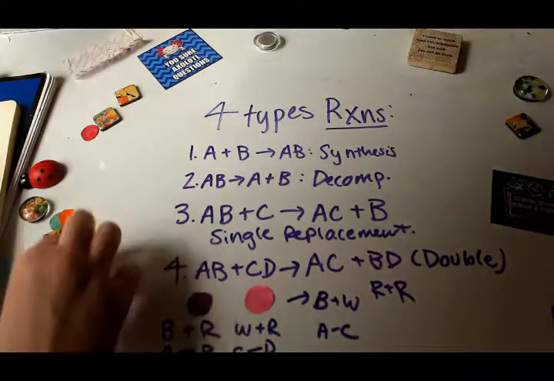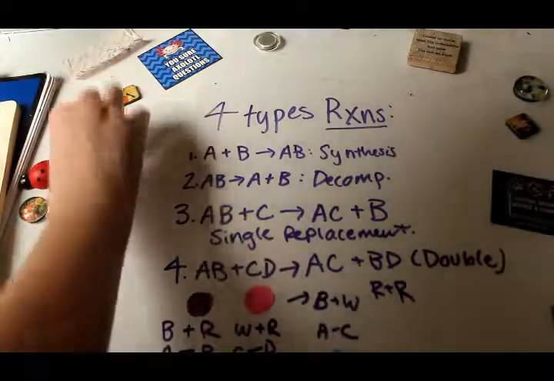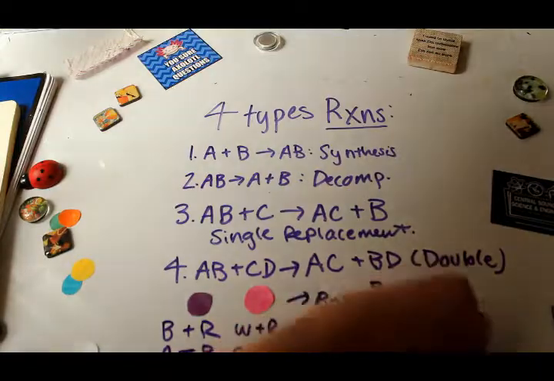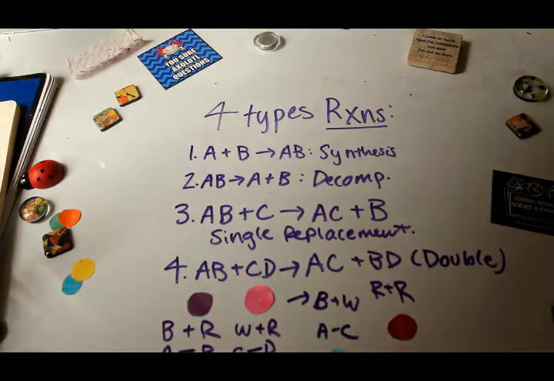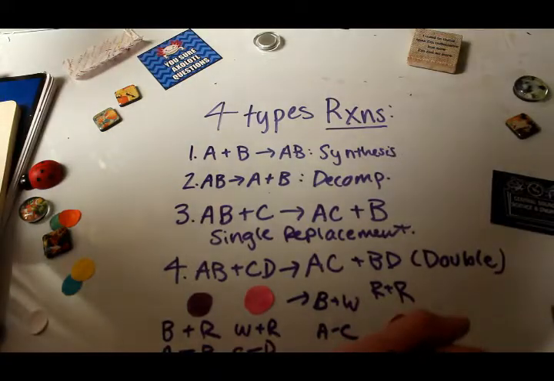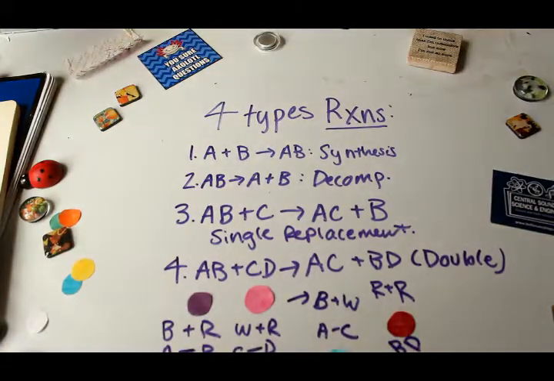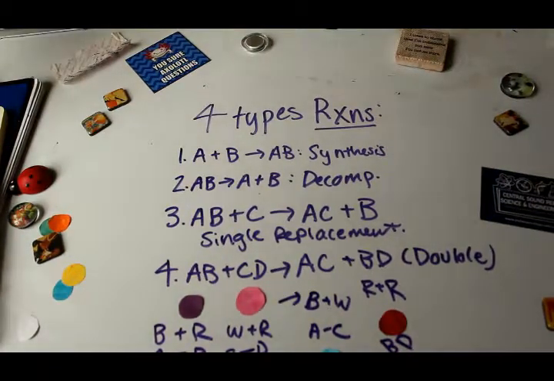In this case, it would look kind of like that. Does that make sense where this is BD? You can barely see that. Anyway, that's how double replacement works.